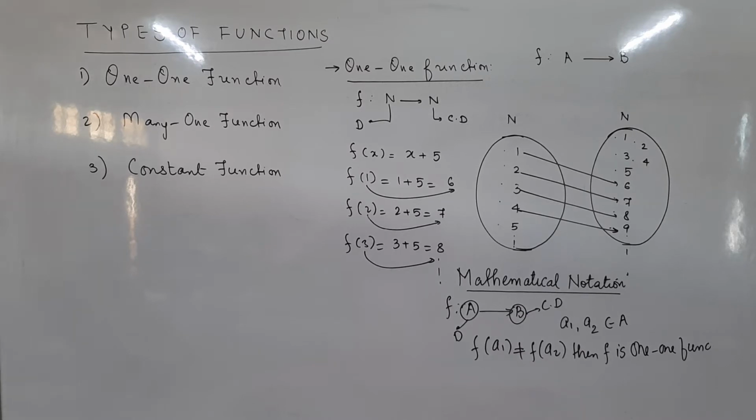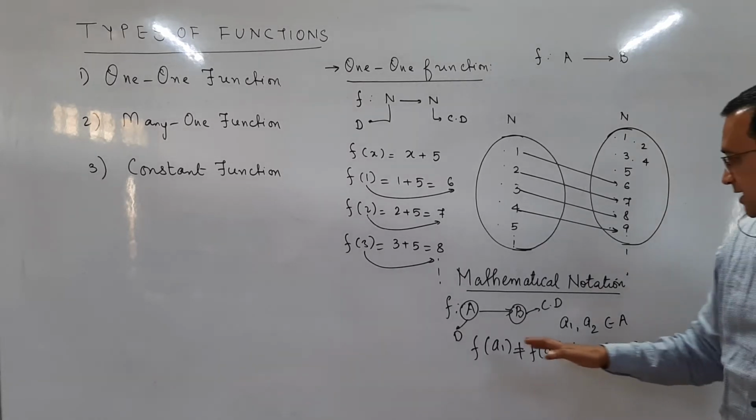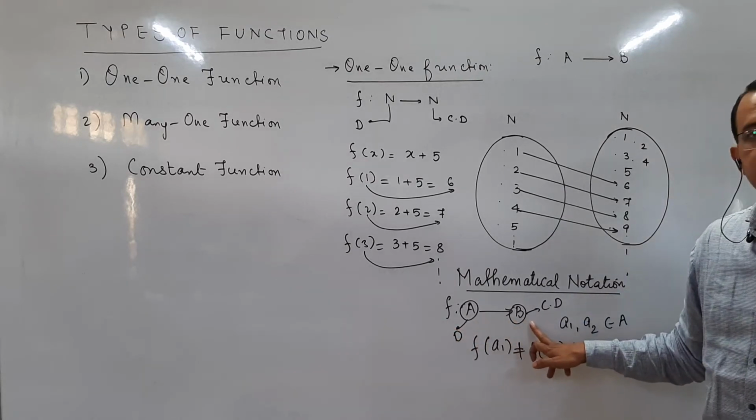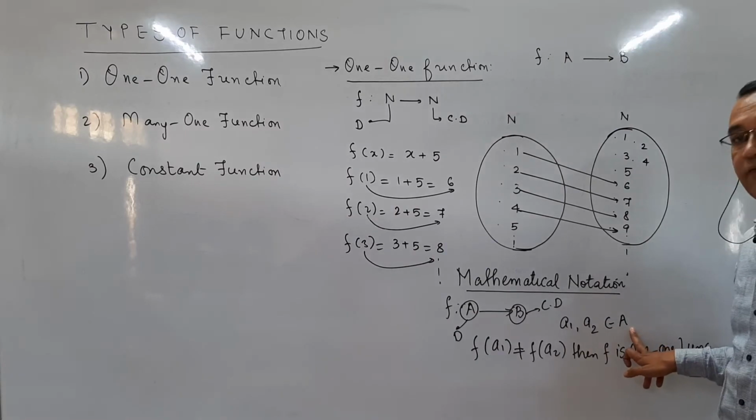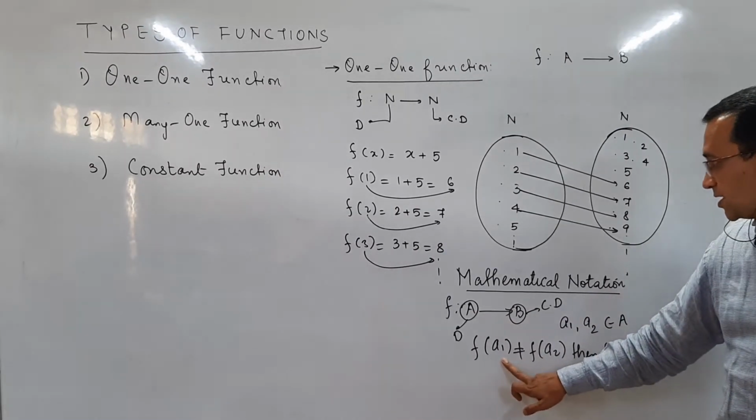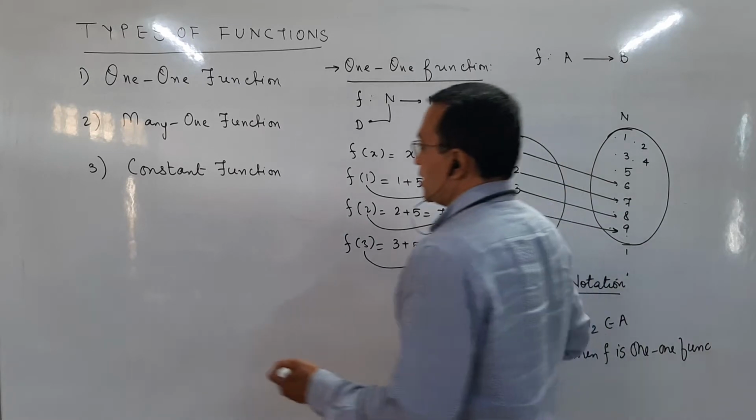So I hope this is crystal clear. All of you would have perfectly understood. Once again, the mathematical notation is like this. f is a function defined from A to B. a1 and a2 are any two distinct elements of the domain. Their images are also called functional values.